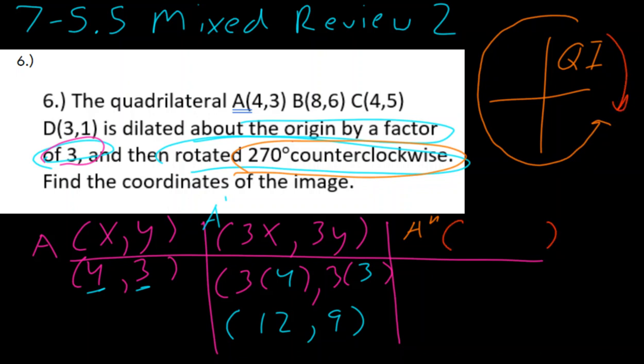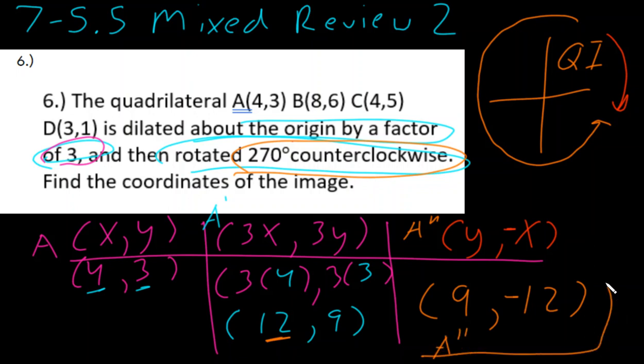That implies that we flip our x and our y, and since we're technically only going 1 quadrant to the right, we'll change the sign of the one on the right. Which now tells us that we can say 12, 9, and we can flip it to become 9, 12, and this one on the right goes from being a positive 12 to being a negative 12. And there is our A double prime.